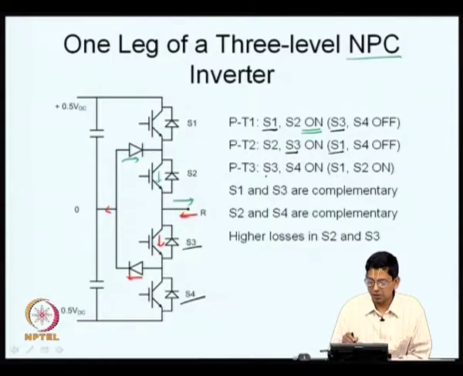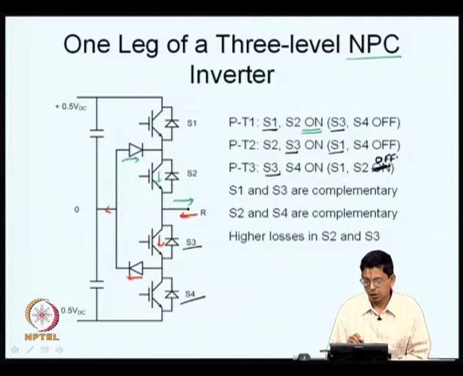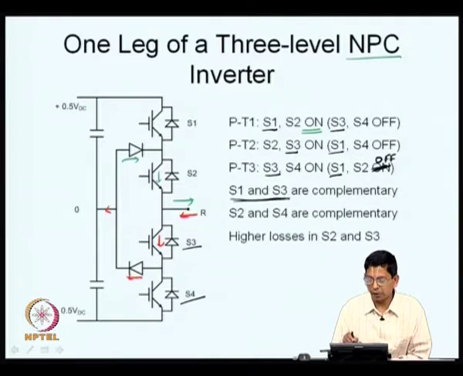Here again you see S3 is on and, I am sorry, this should be off, there is a mistake here. So, S3 is on and S1 is off. So, S1 and S3 are switched in a complementary fashion. When S1 is on, S3 will be off and vice versa.